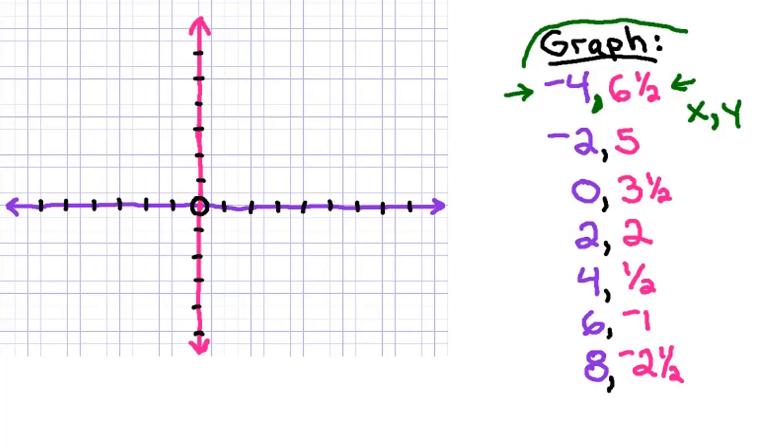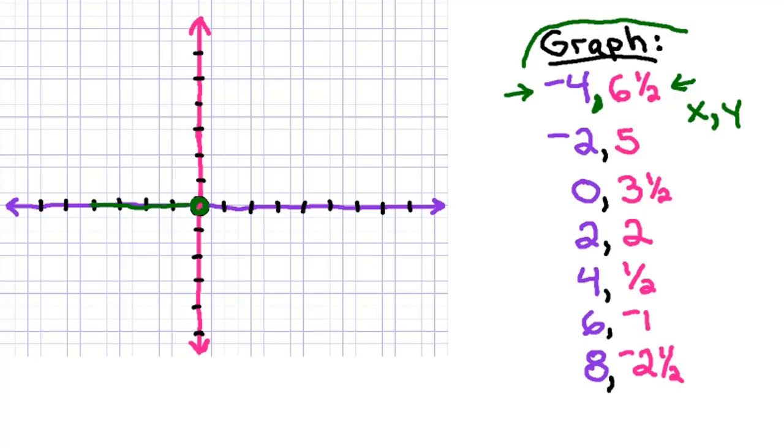So -4 is going to go back to the left from the 0, and as you can see, the 0 is in the middle. The x-axis and the y-axis always share the same 0, always. So -4 on the x-axis would go 1, 2, 3, 4, but you don't put a dot there.